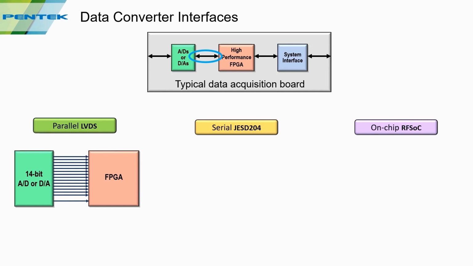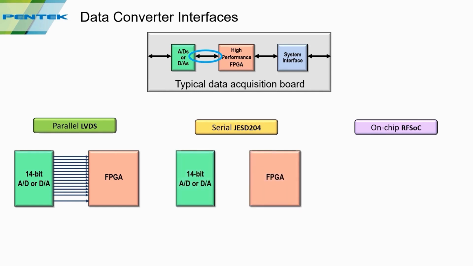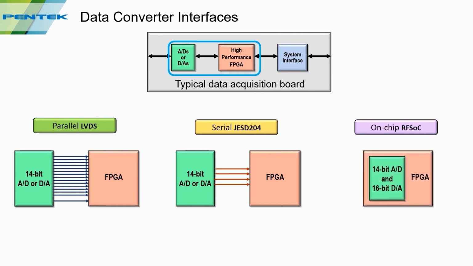If we look at the serial interface, we see fewer signals, but these are gigabit serial lines running at much higher rates, so you can move more data over fewer lines. Now looking at the RFSoC solution, we're talking about the A to D and the FPGA all in one, all on the same IC, so there are no internal signals or signal routing. Everything is self-contained. And now's probably a good time to look at some of the details of the RFSoC.